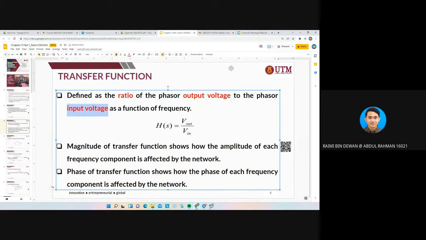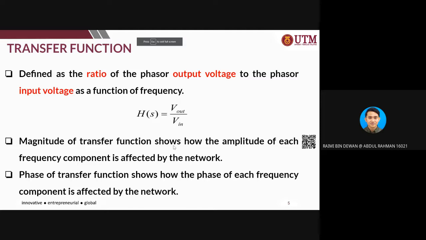This is the important point, the ratio. The magnitude of the transfer function shows how the amplitude of each frequency component is affected by the network. The phase of the transfer function shows how the phase of each frequency component is affected by the network. So there are 2 important things that you need to look at, which are the amplitude and the phase.